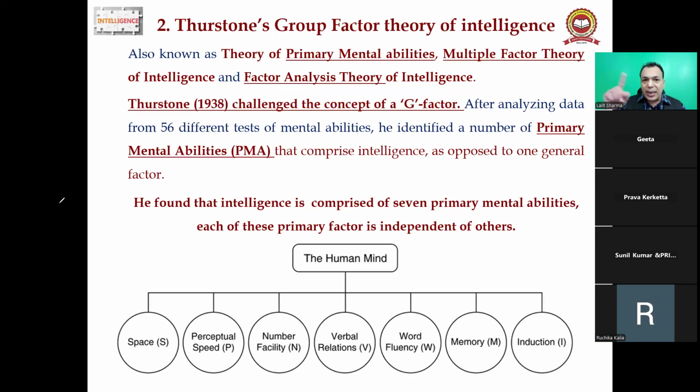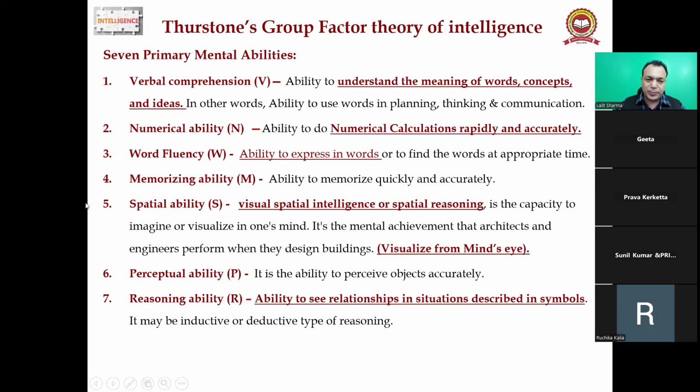So after analyzing data from 56 different tests of mental ability, he identified a number of primary mental abilities that comprise intelligence, as opposed to the general factor. Guys, देखो यहां पे क्या हुआ, 7 की 7 इंटेलिजेंस.